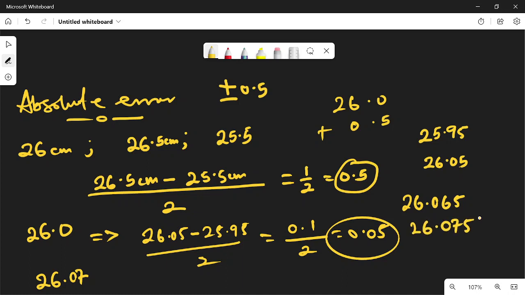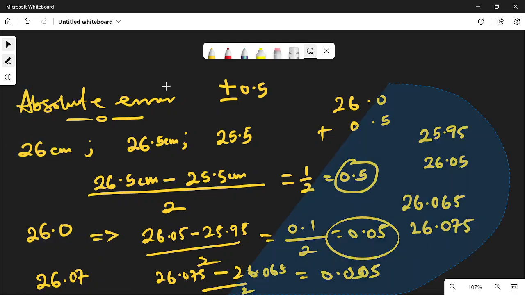Are you seeing it now? So if I take the difference, 26.075 minus 26.065 divided by 2, that will give me 0.005. Do you understand that now? So this is how to get what? Absolute error.